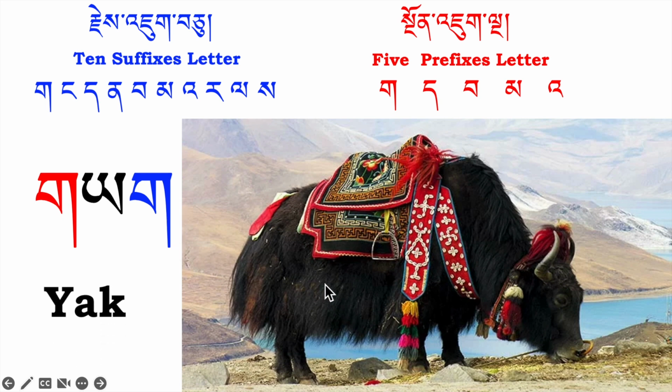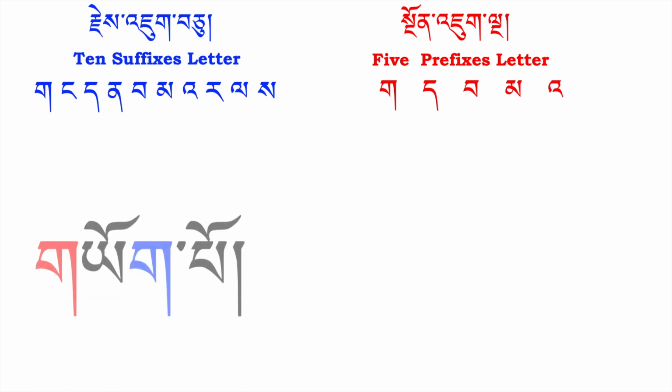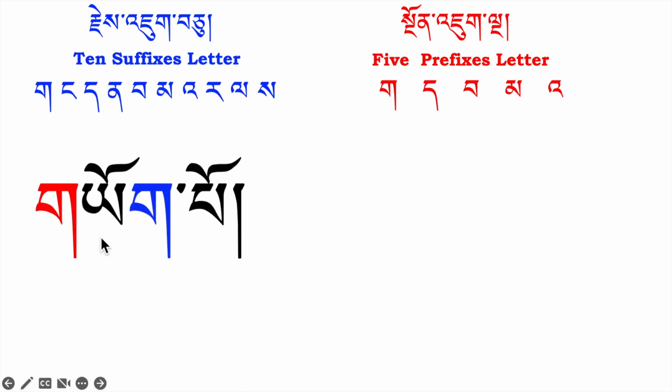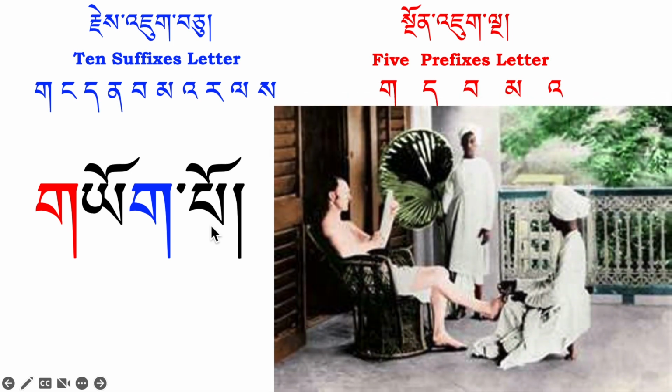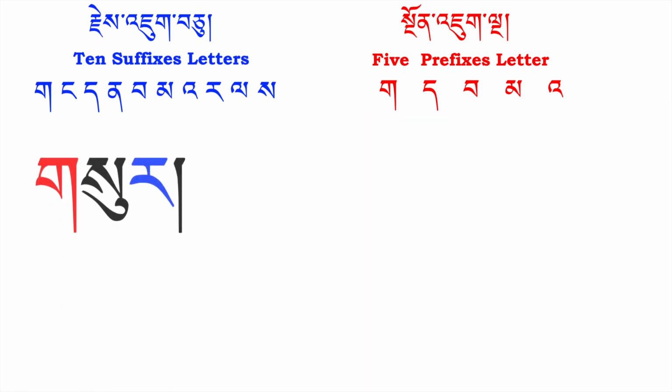That animal only exists in the Himalaya, and of course in Tibet, in very high places in the Himalaya, and this is called yak. Next one. Gao ya naro yo ka yok, pa naro po, yokpo. Yokpo means servant.